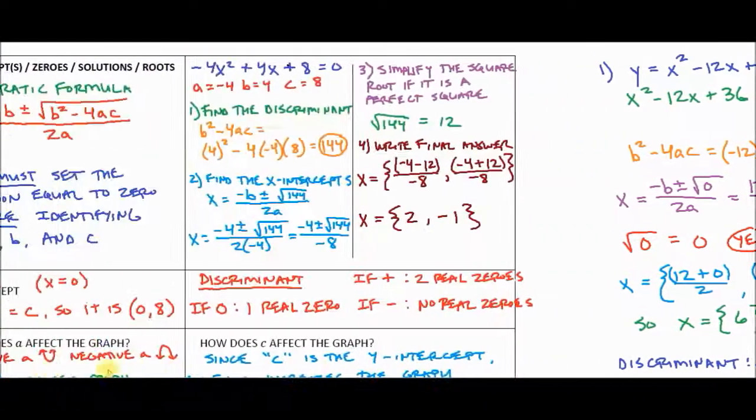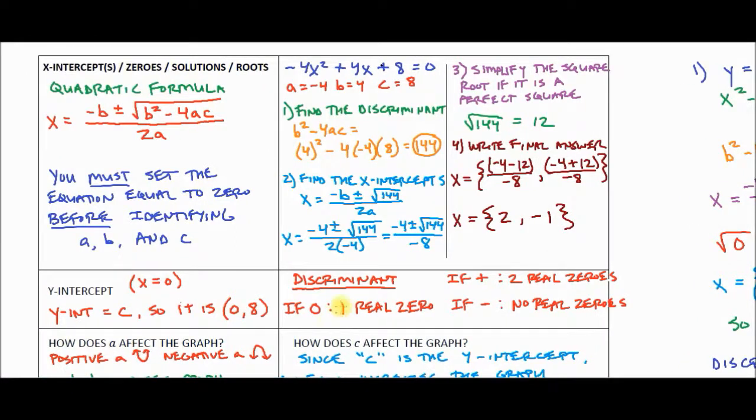Go back to our flipbook real quick and we will see that when the discriminant is negative, there are no real zeros, there are no real solutions, only imaginary solutions. And that is the third practice problem. Hopefully those three problems will give you a better idea again how to follow the steps to solve a standard form quadratic using the quadratic formula.